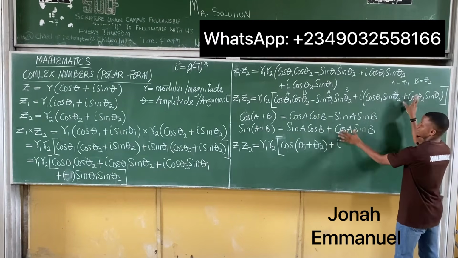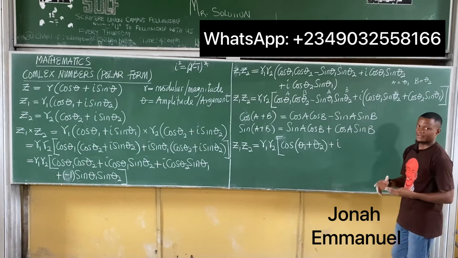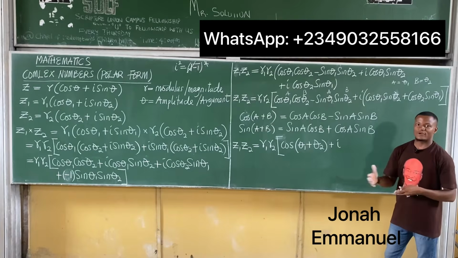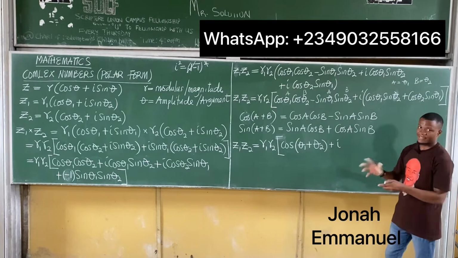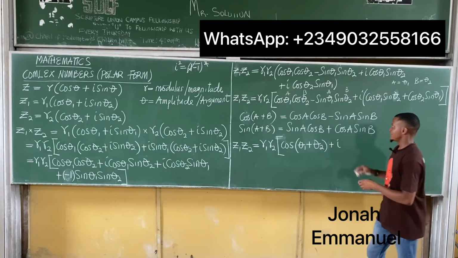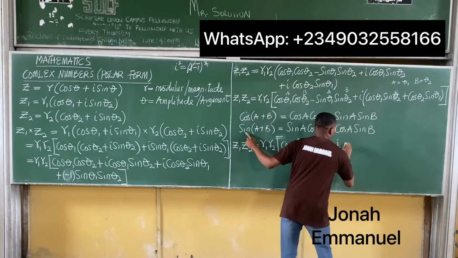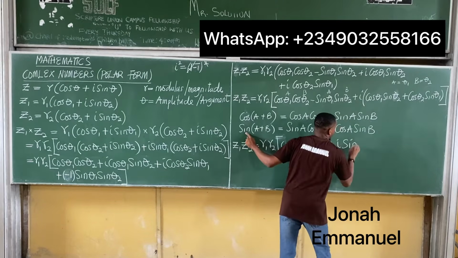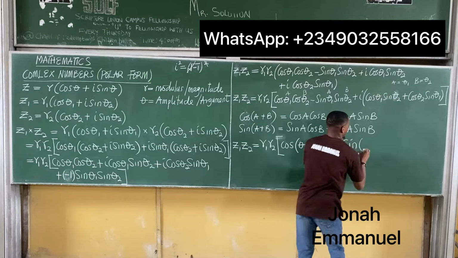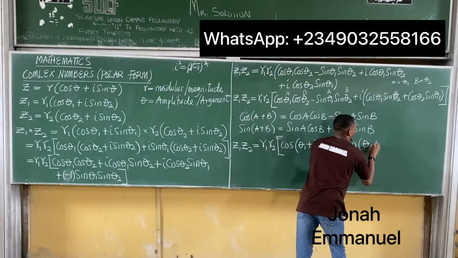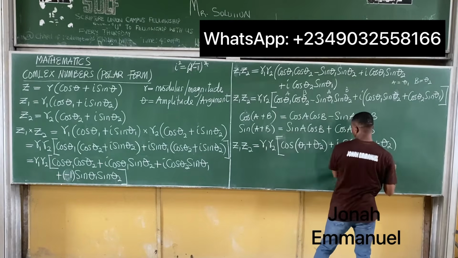All right, so these two are the same thing. Although they're not arranged in the same form, it's the same thing, because this is called the commutative law of mathematics. So although they're not arranged perfectly as this, they mean the same thing since they're multiplying. So hence, this whole thing here can be rewritten as sine. Now we said theta 1 is A, so it becomes sine theta 1 plus B is theta 2, so theta 2, I have this.